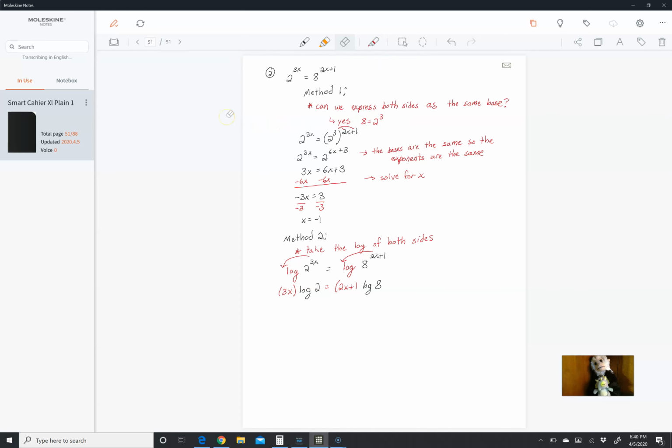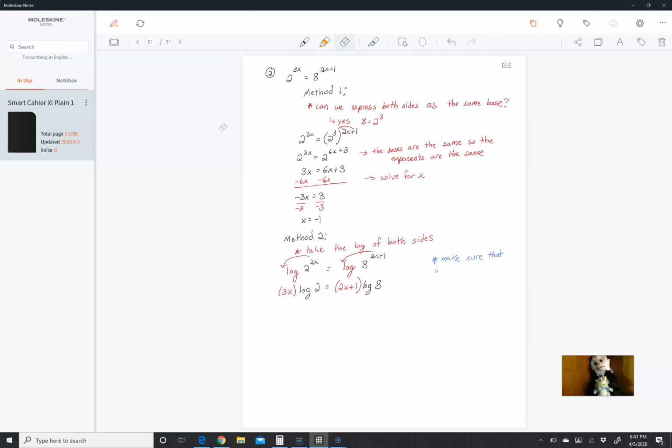Okay? So for this 2x plus 1, it matters that these parentheses are over here. It's really important because if you don't have parentheses, it's going to do multiplication first, right? Multiplication comes before addition. So this 1 is going to be multiplied by the log of 8, but this 2x will not be multiplied by the log of 8. Here it doesn't matter because it's all multiplication. But here we have to do the addition first. So the parentheses are really important. This is very important because people forget to do it all the time.